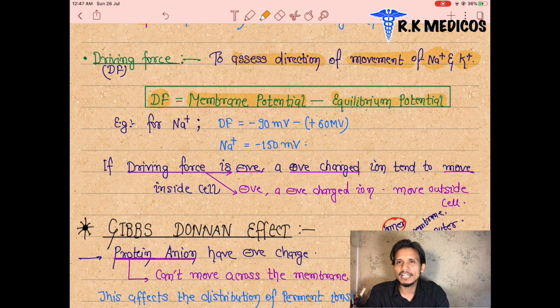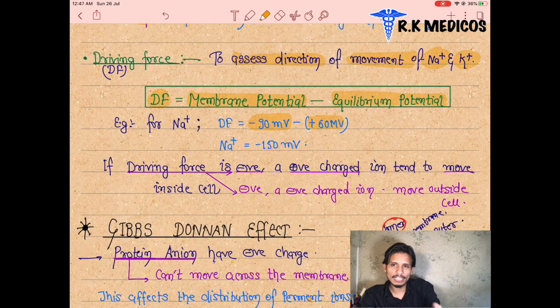Now you can tell me, what is the membrane potential? The membrane potential is minus 90 millivolt. And what is the equilibrium potential for sodium? Plus 60 millivolt. At plus 60 millivolt, the sodium is not going to move out or in. So that is the equilibrium potential for it.